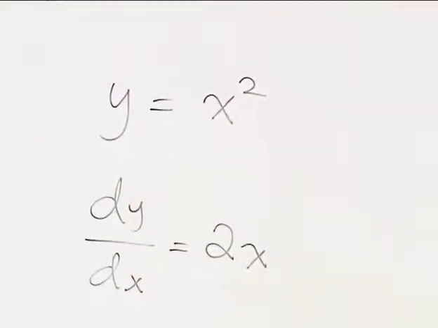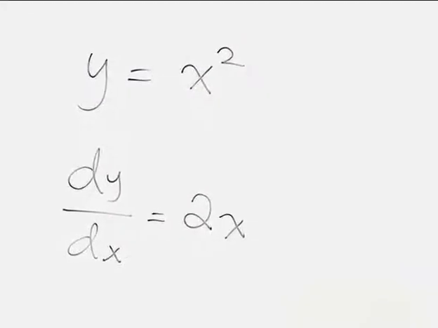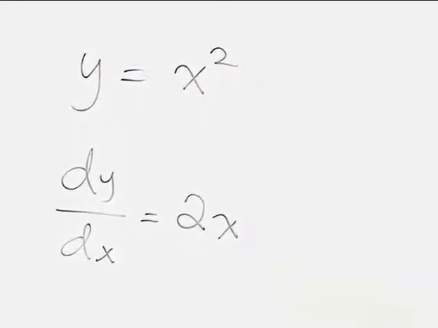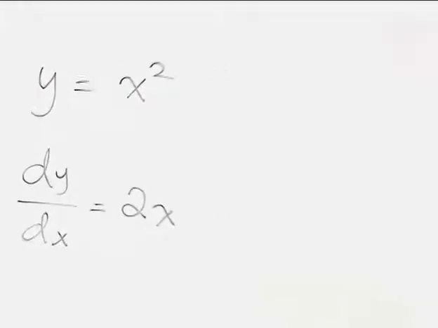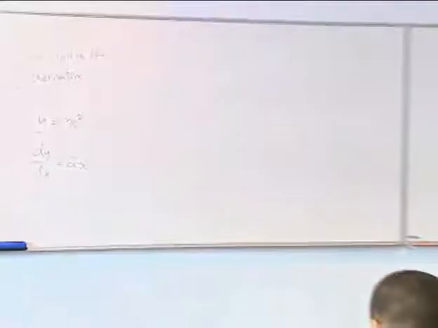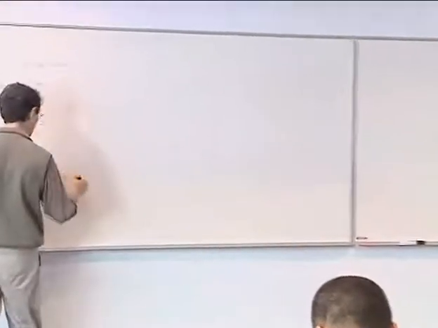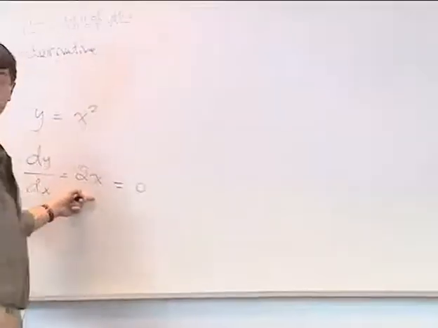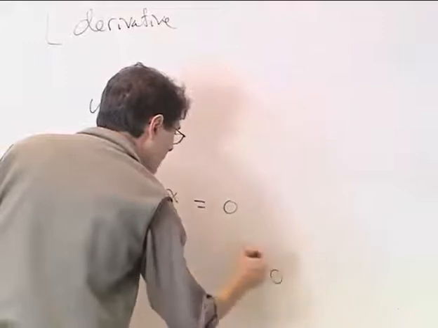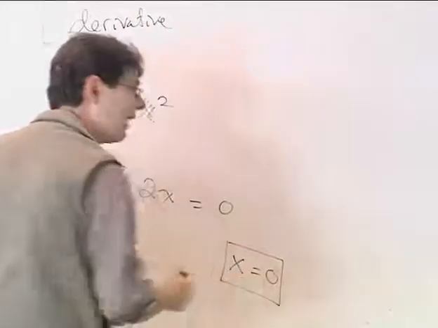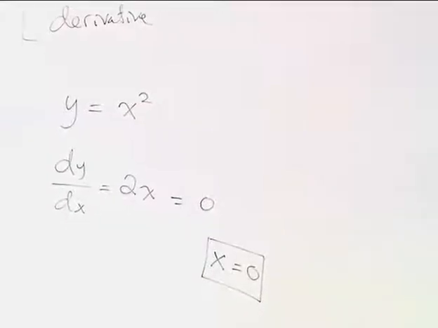We already said something about what happens when you set that equal to 0. Setting the derivative equal to 0 and solving it tells you the values of x that could be a local maximum or a local minimum, or maybe both.